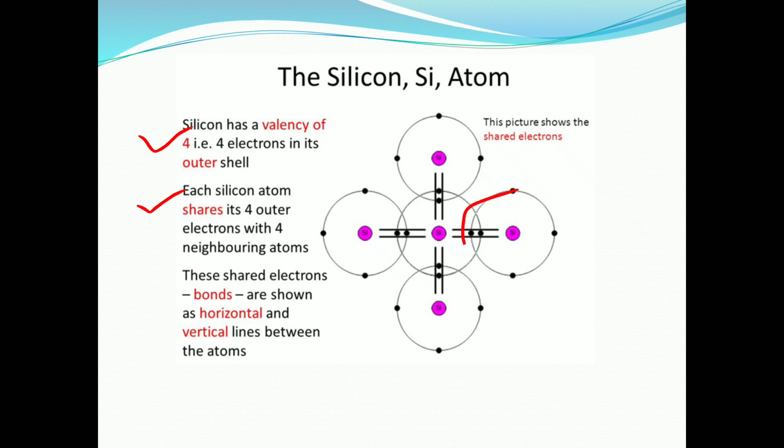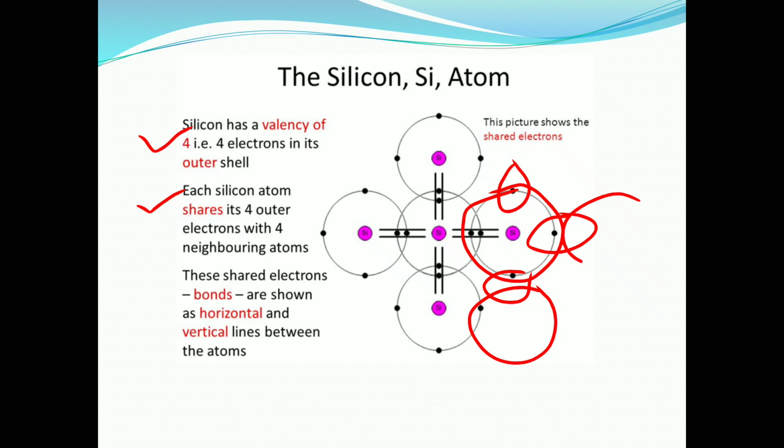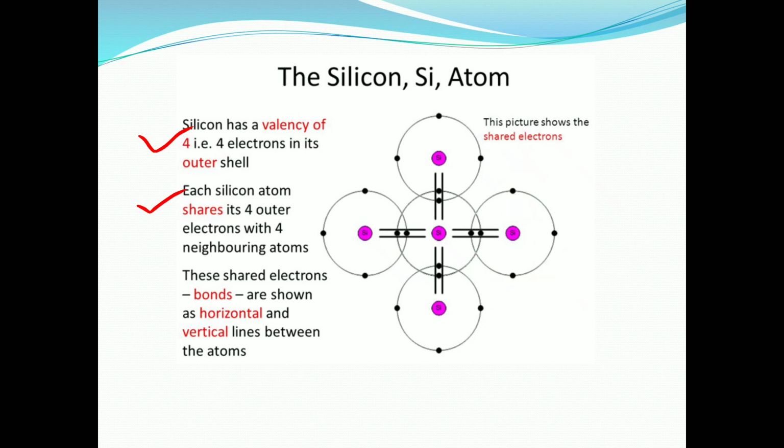So if this silicon atom has 4 electrons in its outermost shell, then all these 4 electrons will be shared with some nearby atom. Likewise, these shared electrons, or we can say bonds, can be seen like this.